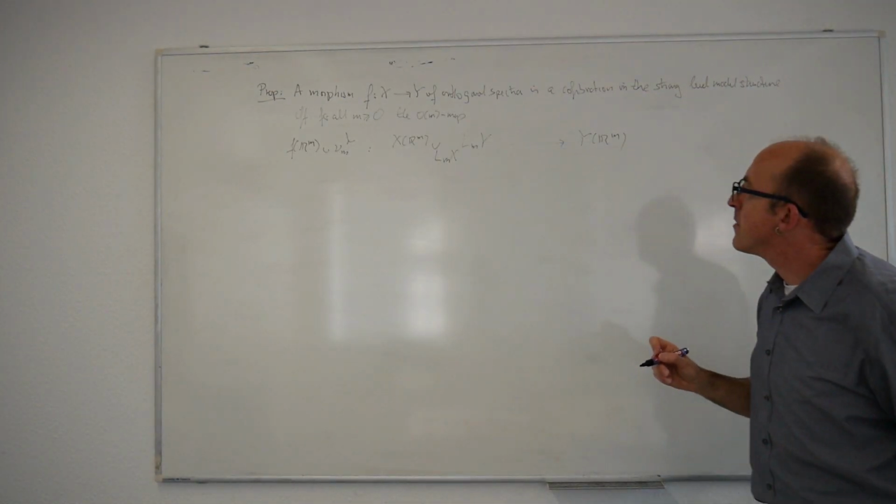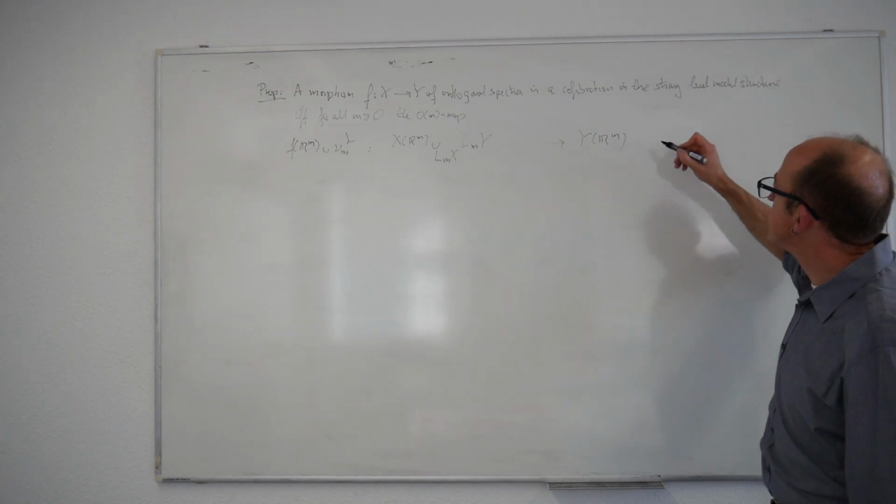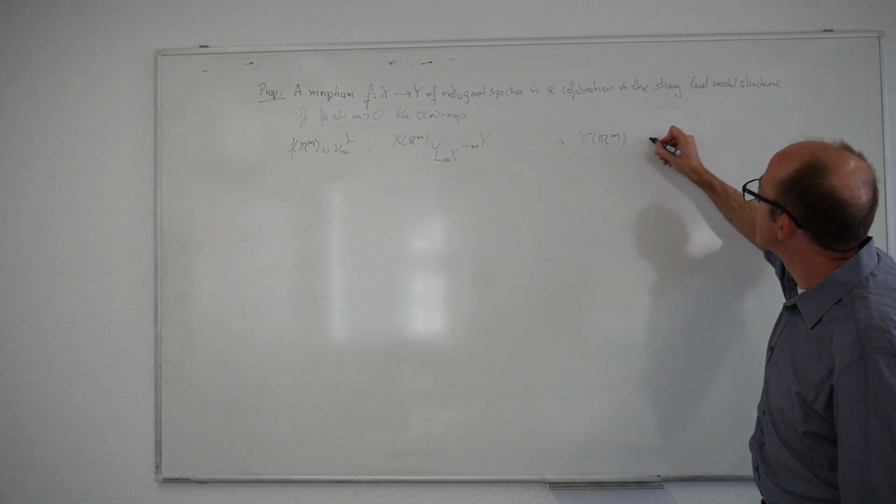So this map is a map of based OM spaces. It needs to be an OM cofibration.